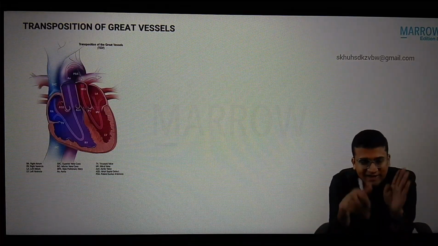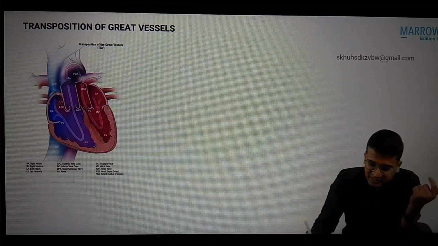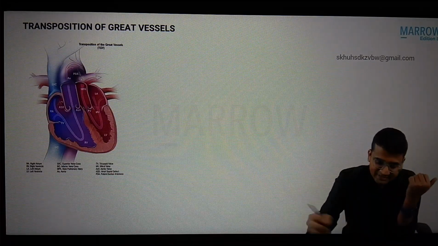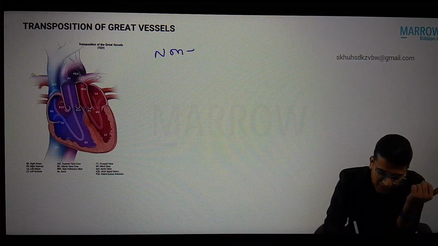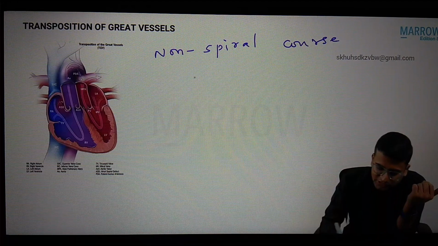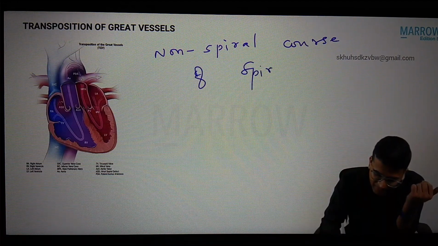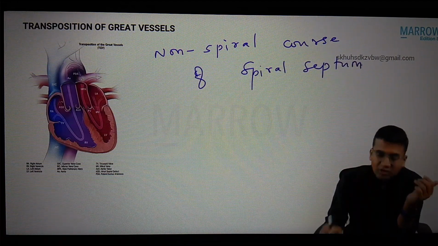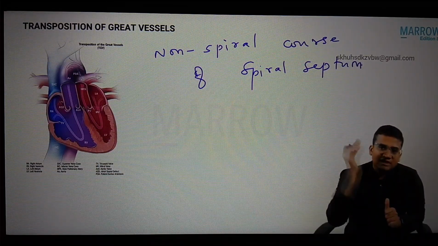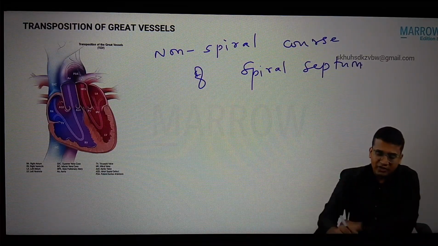Next, I told you the septum course will be spiral in nature. Sometimes the spiral septum has a non-spiral course. It is formed straight. So, non-spiral course of spiral septum. I told you, only because of this septum, the right ventricle gives blood to the pulmonary trunk and the left ventricle gives blood to the aorta.